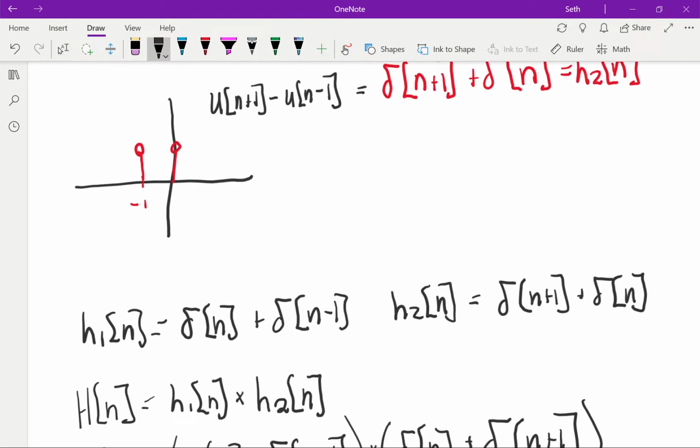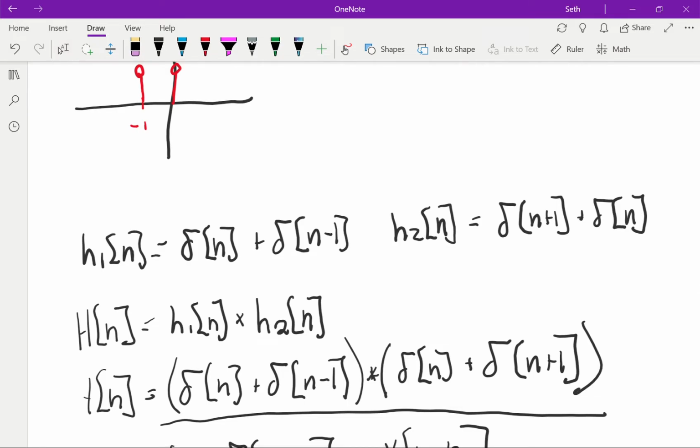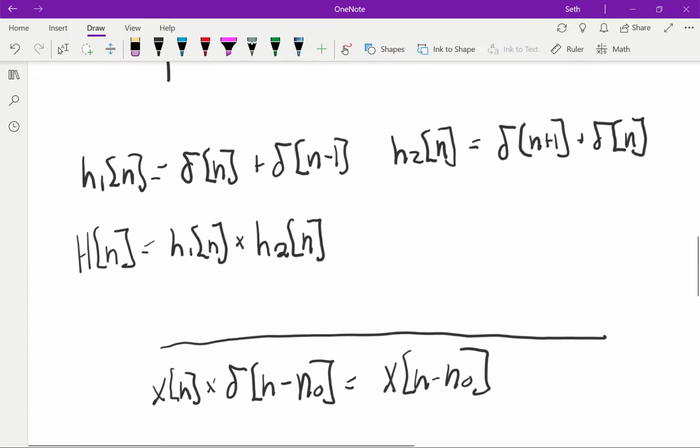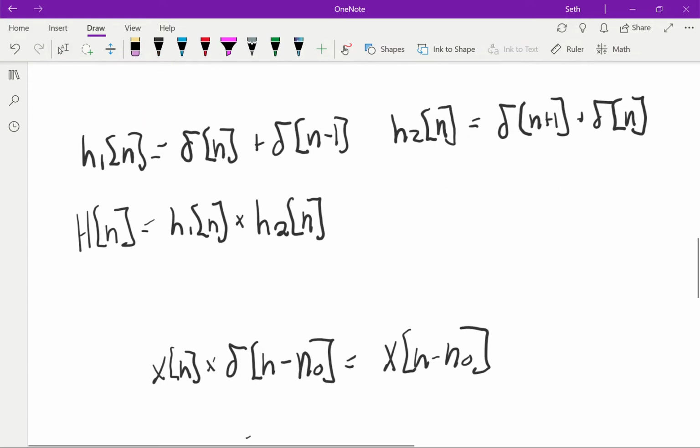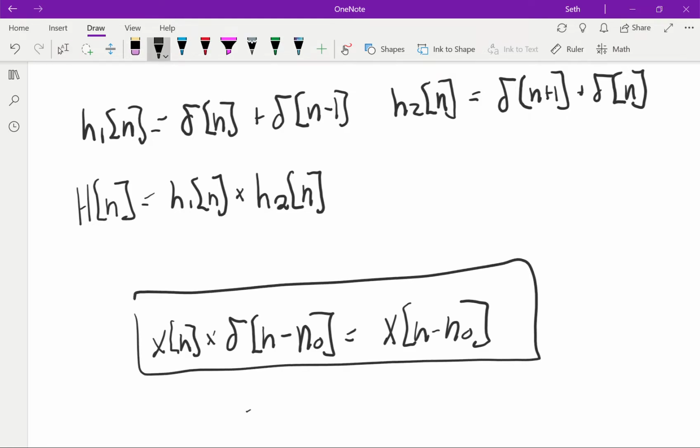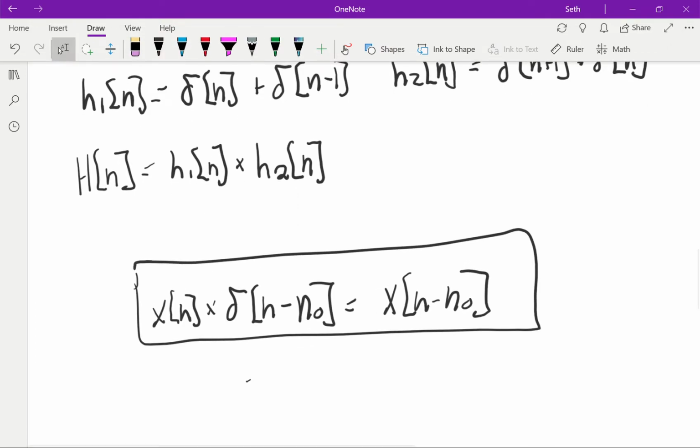So let's find h of n. Here we've rewritten the sifting property, and we are going to apply this directly. So h of n is equal to h1 of n convolved with h2 of n.